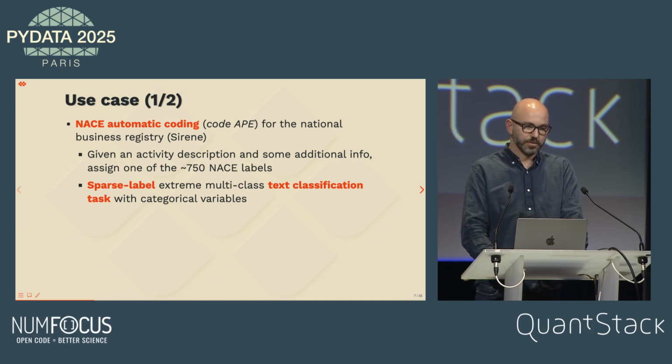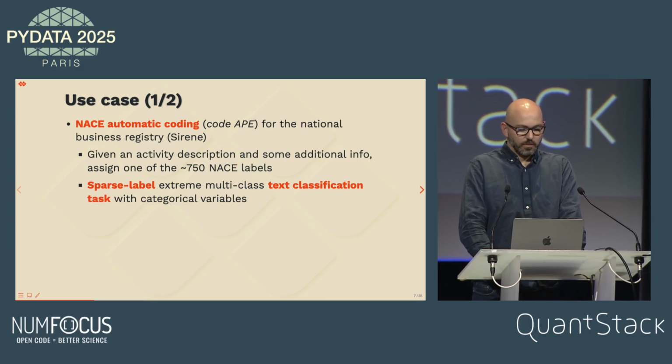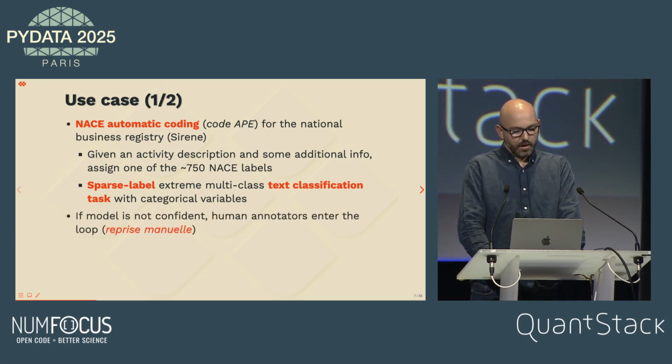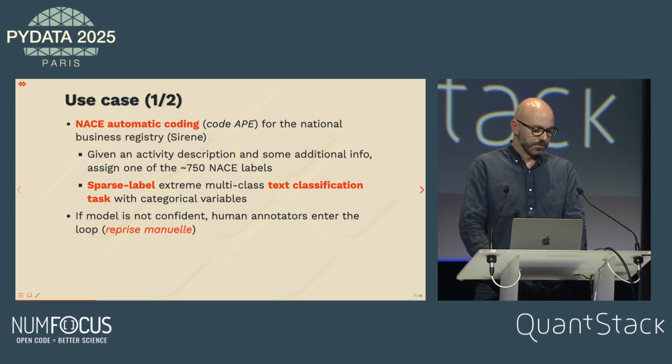Each activity description we need to classify is only one or two words. But we do have additional variables to classify with. We also have human annotators if we need them.